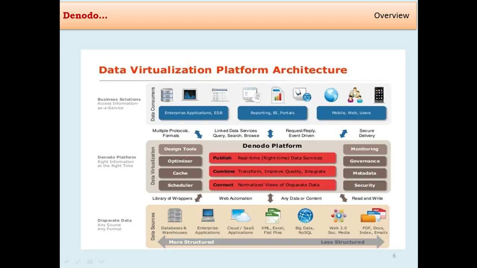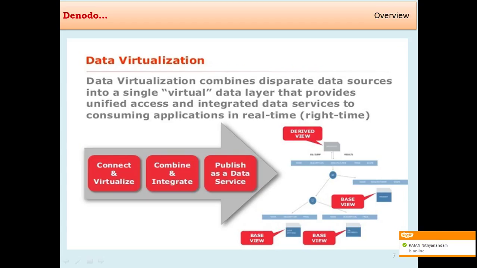It has security features, metadata, governance, monitoring, optimizer, cache, scheduler. And this comes in between the different data sources we have. It can be any data source from structured to unstructured, and this can be consumed by multiple applications.